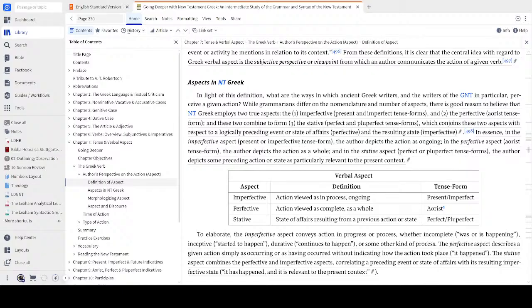I also want to pull up the Wallace grammar. Wallace is going to be very important. At least for me, and when I talk to other people, Wallace is the go-to grammar. You may not always agree with him, but he's definitely the go-to grammar.